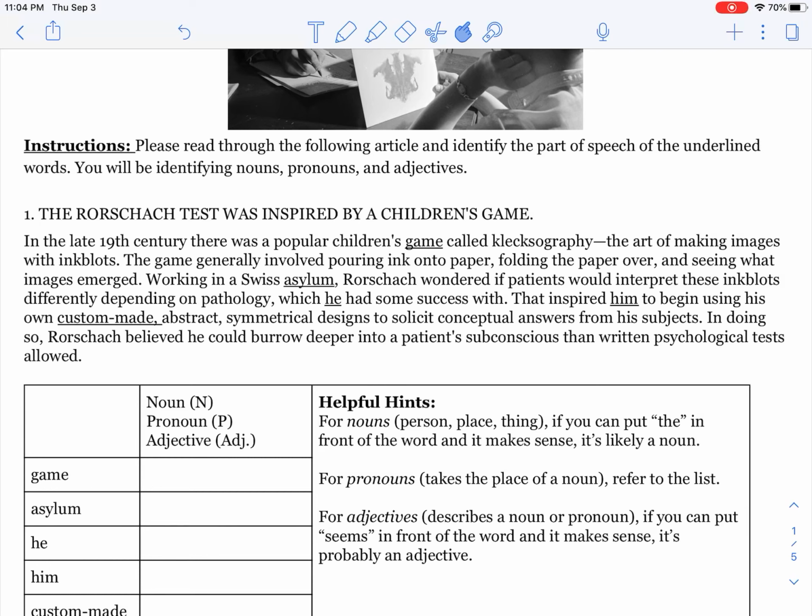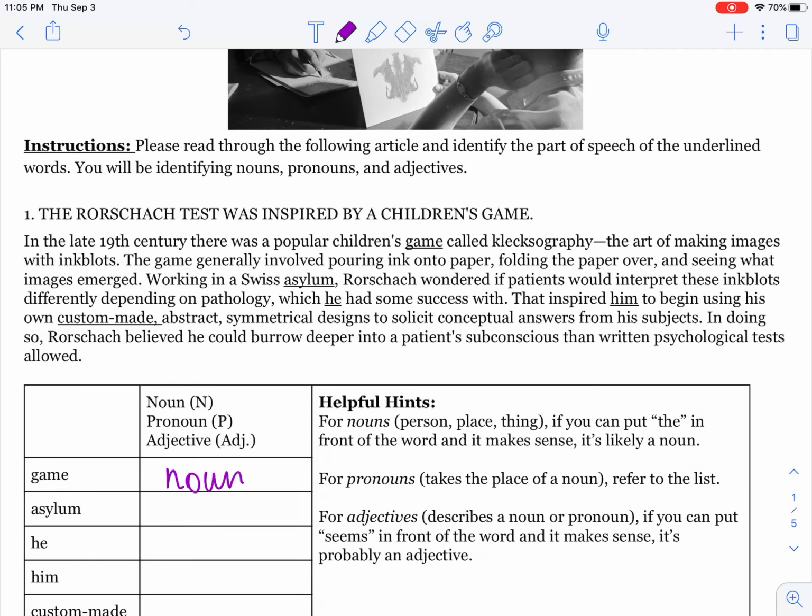And for adjectives, if you can put seems in front of it and it makes sense, then it's an adjective. So, the game, seems game. If you guessed the game, then you guessed correctly. So this is a noun.